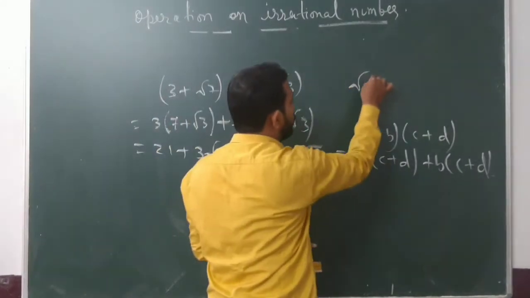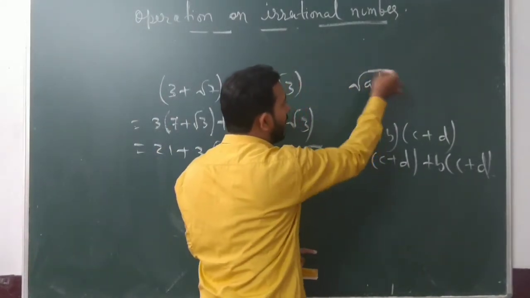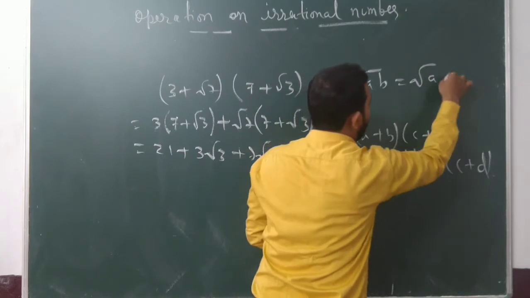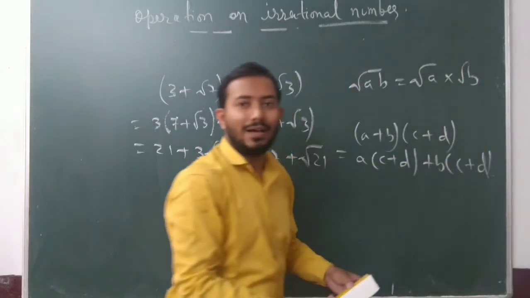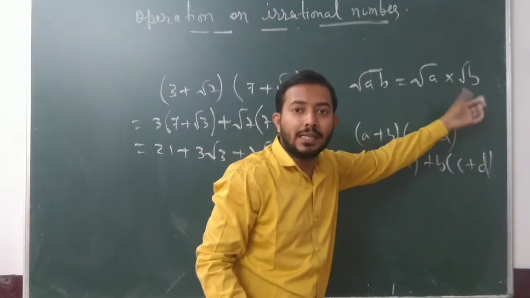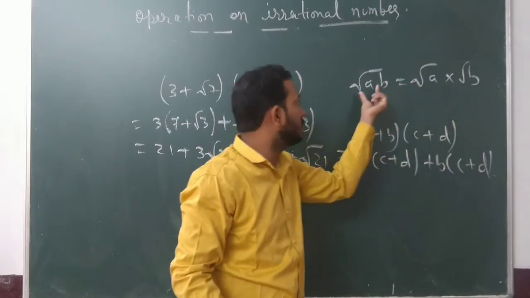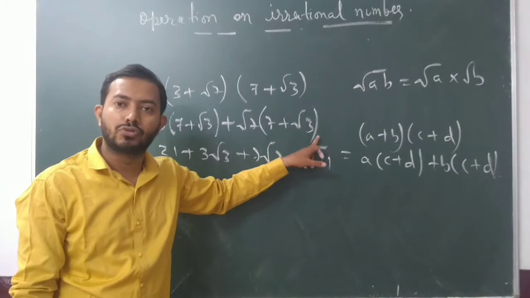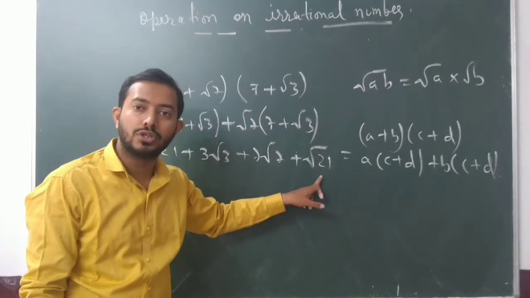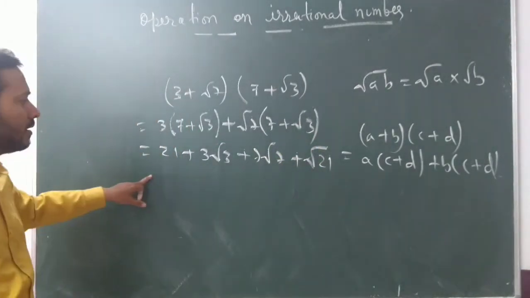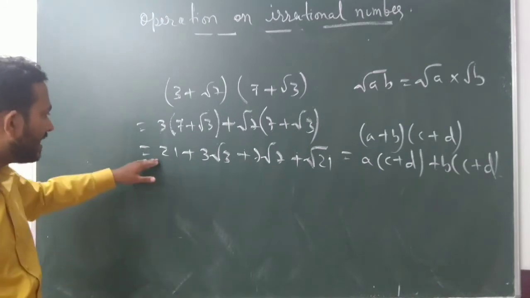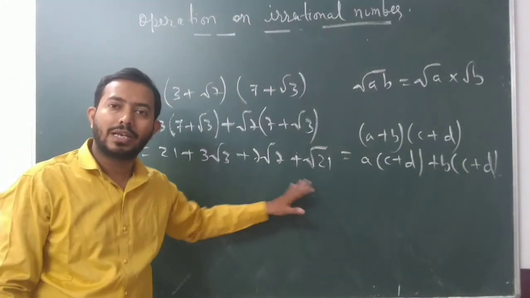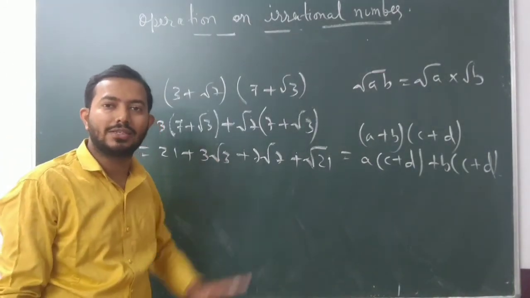Because right now only I have shown you that root AB can be written as root A into root B. That means if we have root A into root B, then we can convert this part into this. So here we have root 7 into root 3, and we are getting root 21. Now you find your like terms and then add, but you can see that all are unlike terms. You cannot add. That means it is your answer.